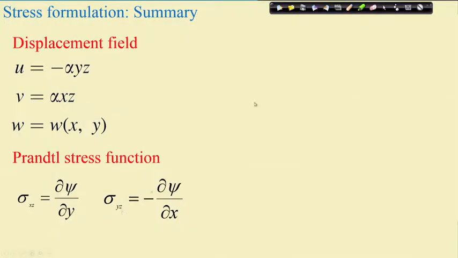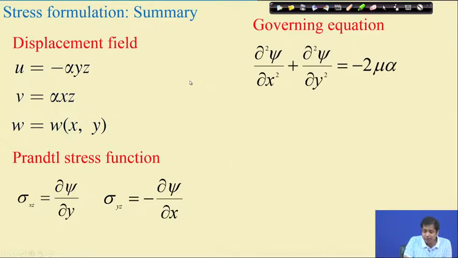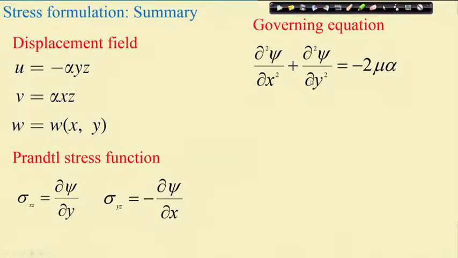Then we defined the stress function: the two non-zero components of stress are related to the stress function this way. Then we substituted the stress function in the equilibrium equation and also in the compatibility equation, combined them, and finally we have a Poisson's equation. This is our governing equation.